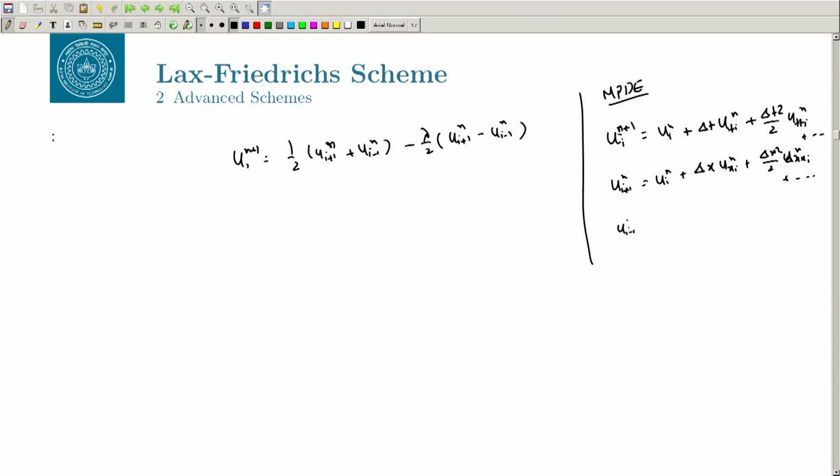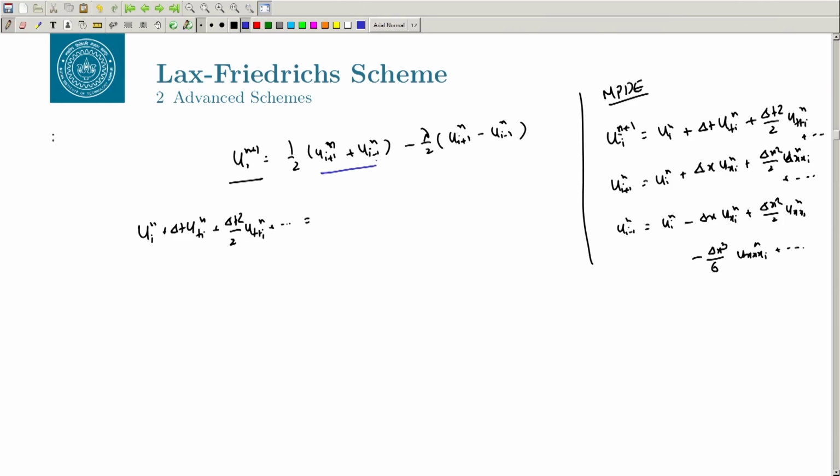If you have u_{i-1}^n, that is u_i^n minus delta x u_x plus delta x square by 2 u_xx minus delta x cube by factorial 3, that is 6, u_xxx, and so on. So, this can be written as u_i^n plus delta t u_t plus delta t square by 2 u_tt, plus, right hand side I will use another color.